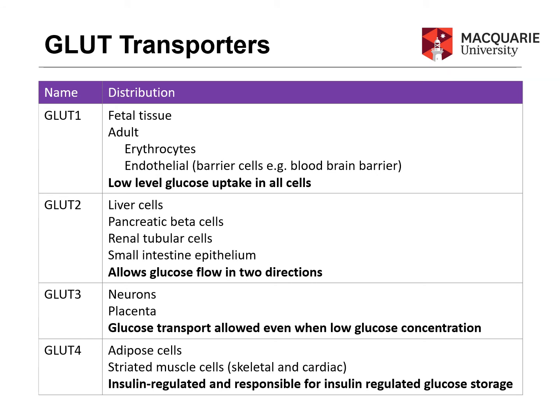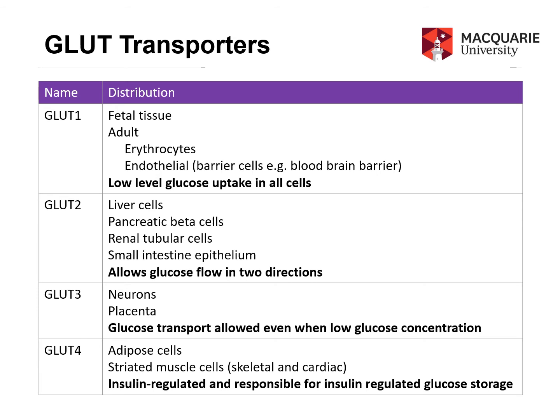GLUT3 transporters are important for neurons and the placenta because they allow transport even when we have a low glucose concentration. So you can imagine a placenta and our nervous system require energy at all times, irrespective of how much glucose is in our blood at the time. And finally, on this slide, the GLUT4 receptors I want to draw your attention to, because these are the ones that are highly regulated.